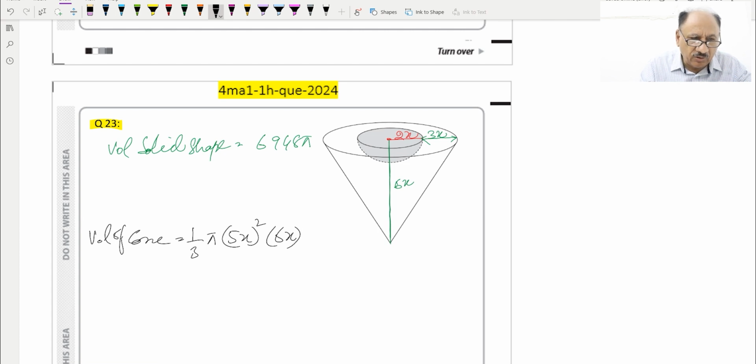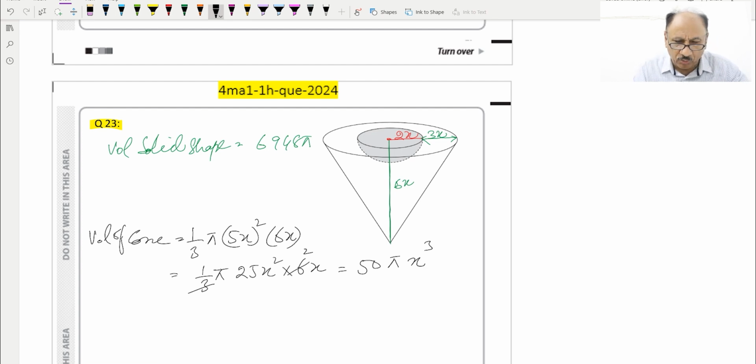This is the volume of the cone, which we can write as 1 by 3 pi into 25x square into 6x, and the 3 will be cancelled with this, and this will be 50 pi x cube. This will be the volume of the cone.